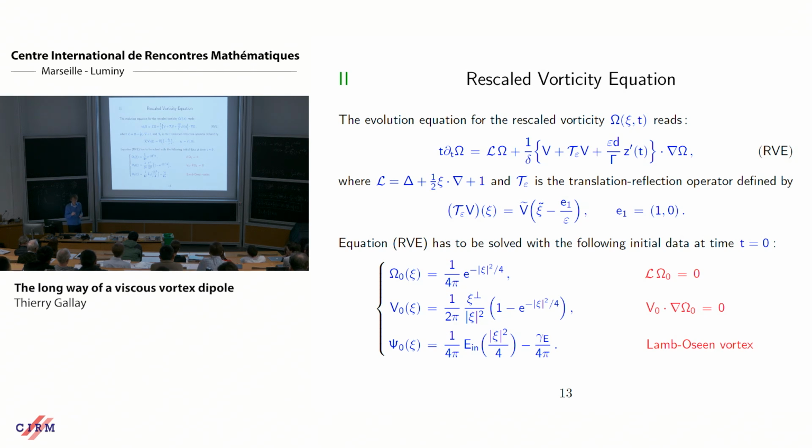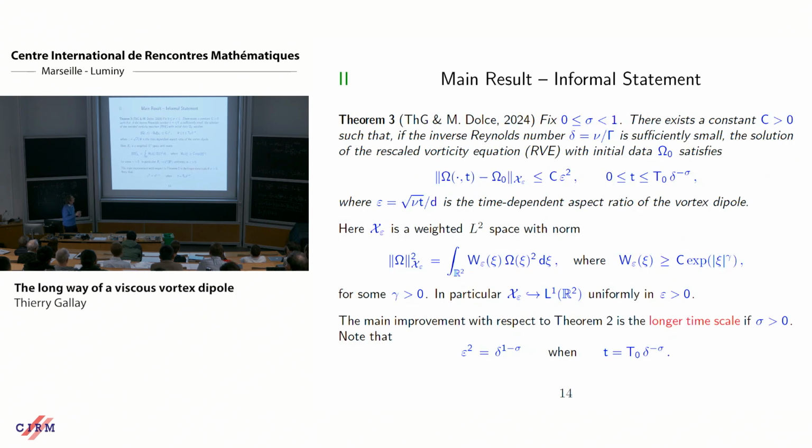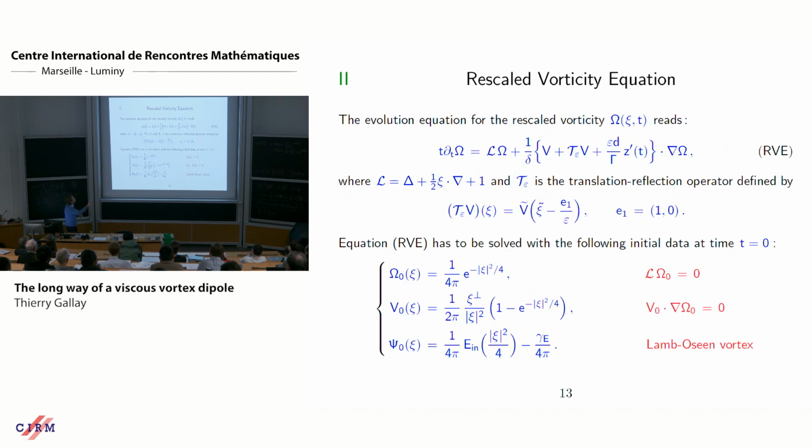Good. So unfortunately, this is not so easy, but maybe I will explain the difficulties later, and I state the result now. So this is the main result. It regards the evolution of this solution with this initial data.